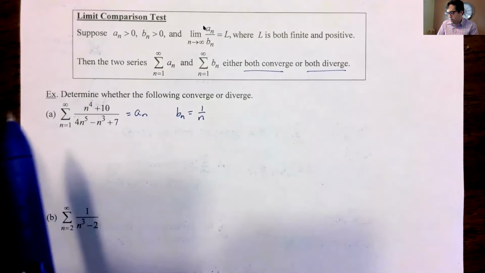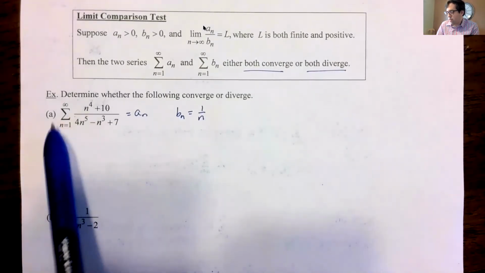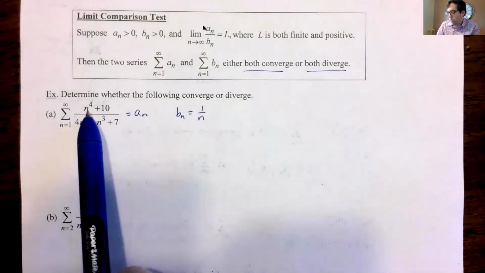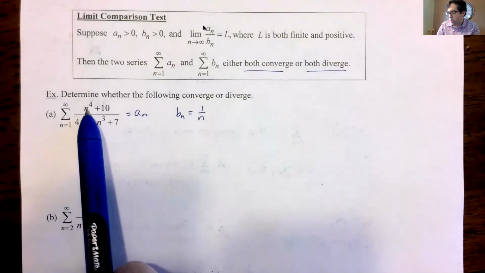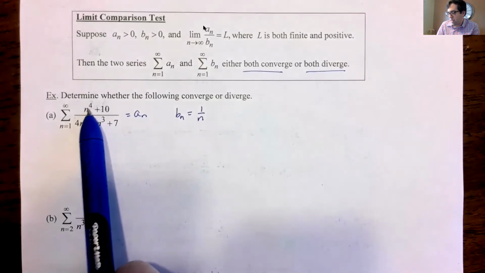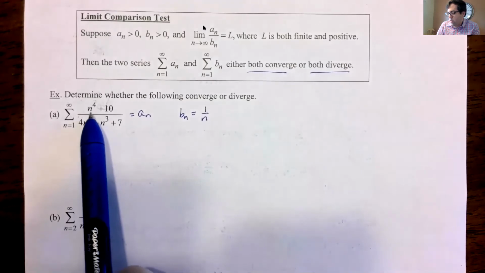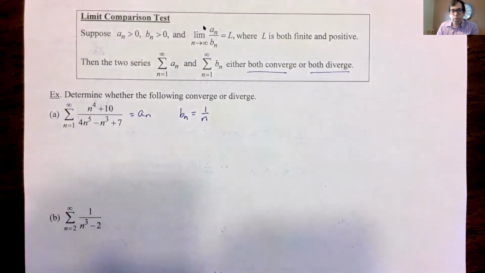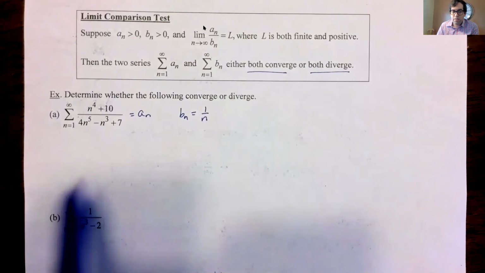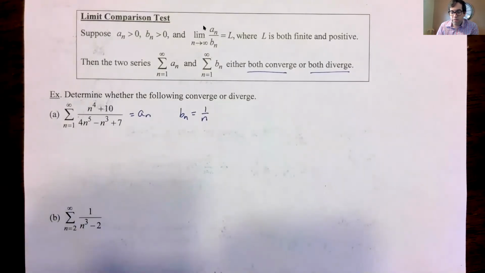Whenever you have a rational fraction like this, what you want to do is compare the term that has the largest exponent on top and on the bottom. In this case, it's n to the fourth and n to the fifth. What we want to do is imagine that as its own fraction, n to the fourth over n to the fifth. Forget about the coefficients. Just think about the variable with the exponent. And if we start to cancel things out, what's left over? The n to the fourths can cancel, and that leaves us with 1 over n.